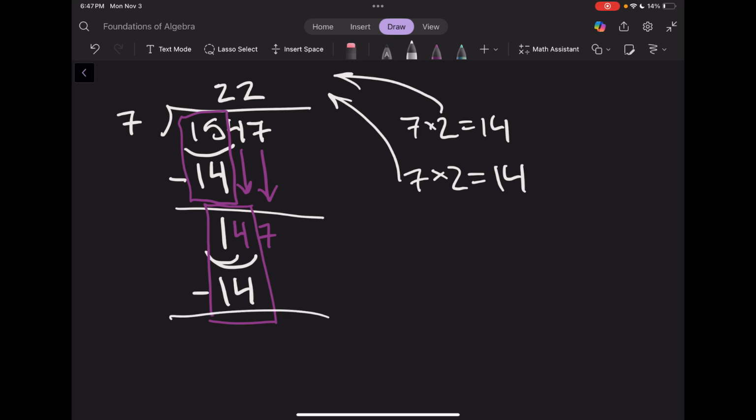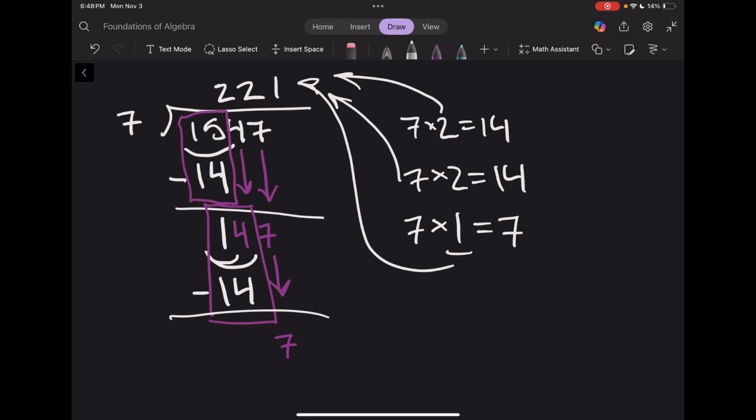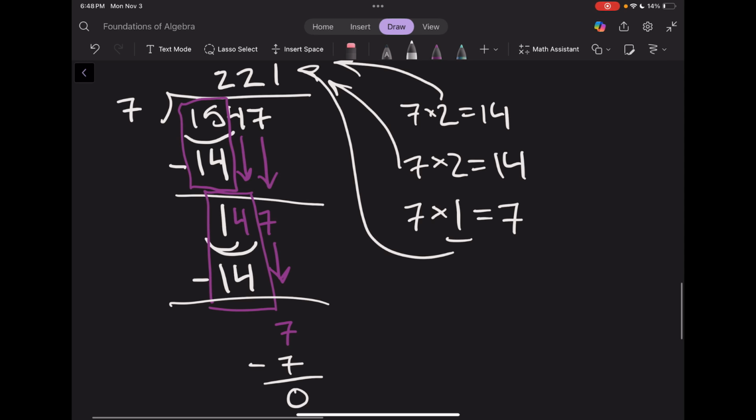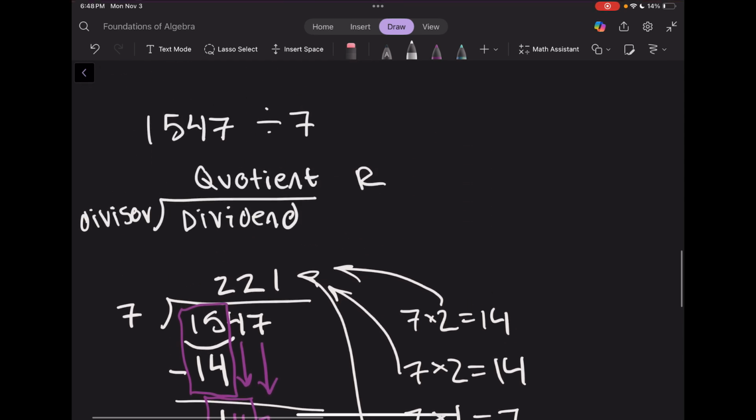And 14 minus 14 is 0, so we only bring down the 7. And what do we know? 7 times 1 is 7. So we put the 1 there. And our answer is 221.